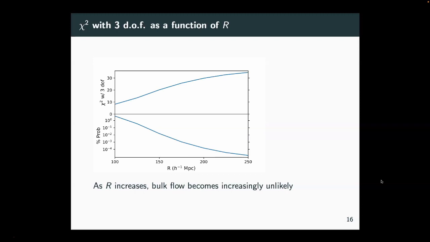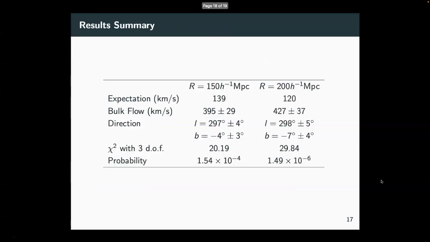So you only see the tension with the standard model when you get out to these larger radii. If someone tells you that the bulk flow is consistent with the standard model, you have to ask them how they know what scales they're probing, and how they know that they're actually seeing these large scales, because the problem only comes out on this large scale.